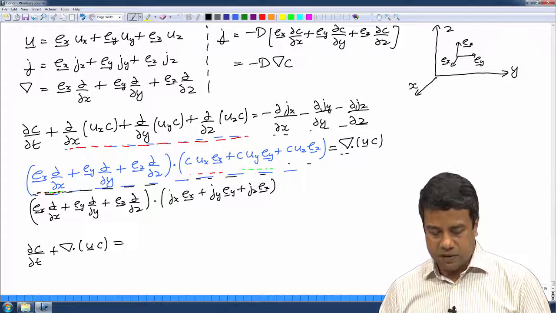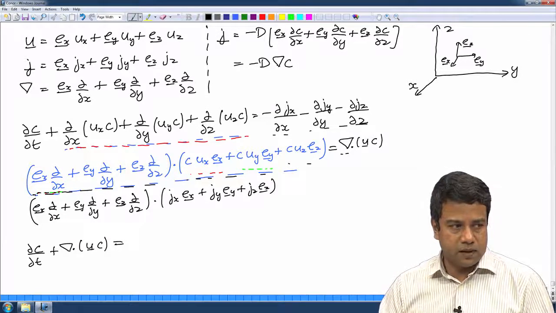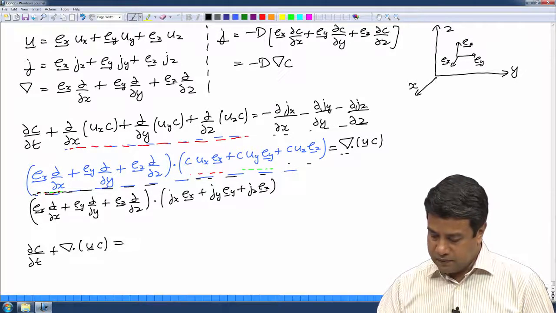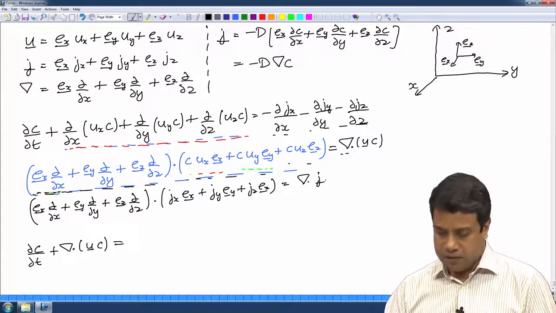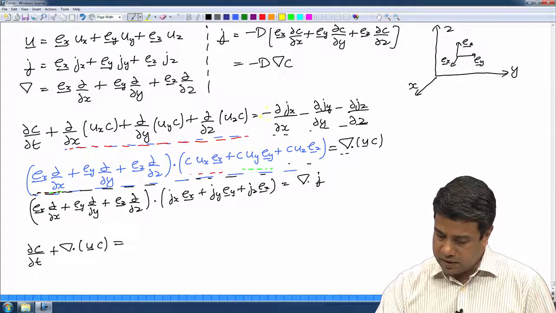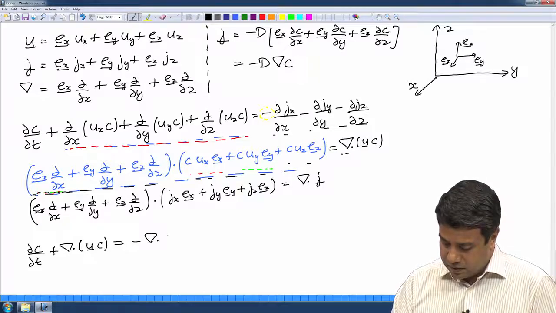Same argument. When you take the dot product, Ex dot Ex is 1, Ex dot Ey and Ex dot Ez are both 0. So, therefore, this will just give you del dot j vector. And of course, there is a negative sign here. Therefore, on the right side I will have minus del dot j.